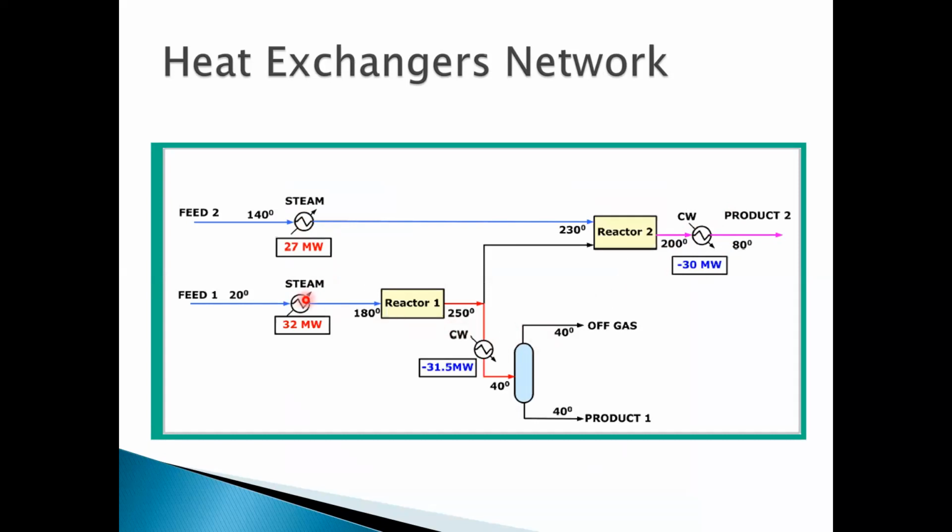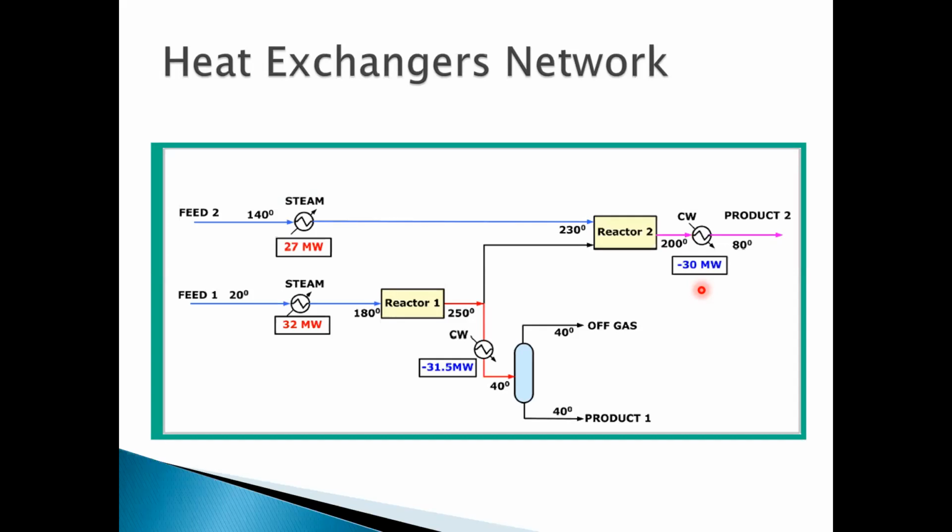All the heating requirements, about 15 megawatts, come from steam, while the cooling duties for those heat exchangers, about 61.5 megawatts, come from the cooling water. So both steam and cooling water are the utilities for these heat exchangers.